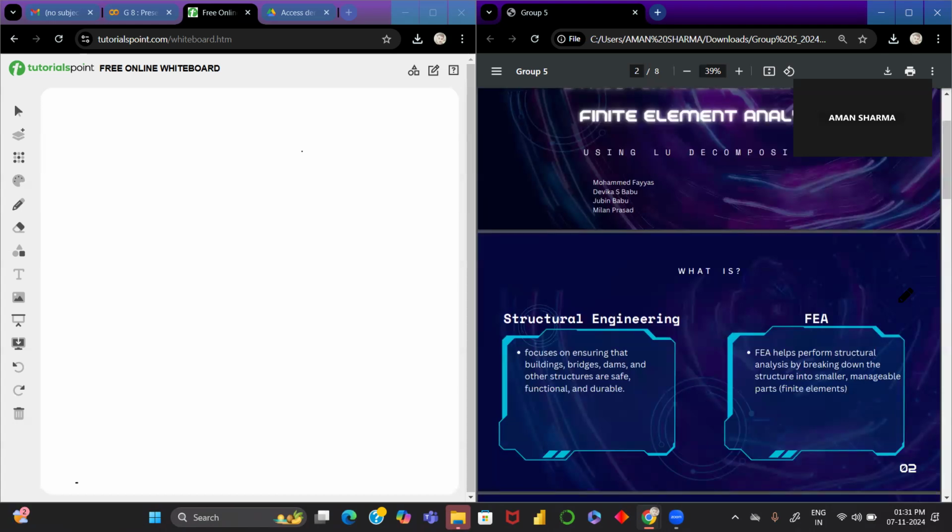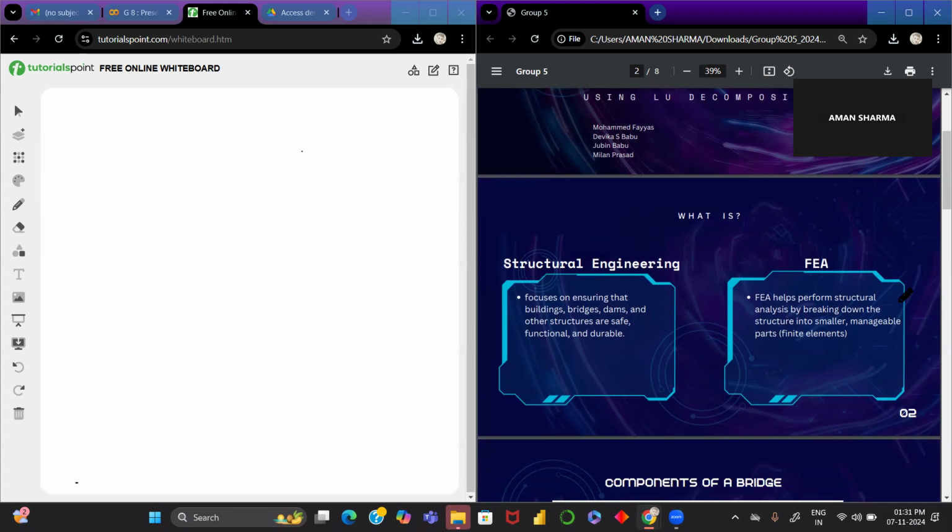Because if we didn't do this, we would make weak structures in real life. It makes sure that the structures can handle physical weight, weather, and movement.